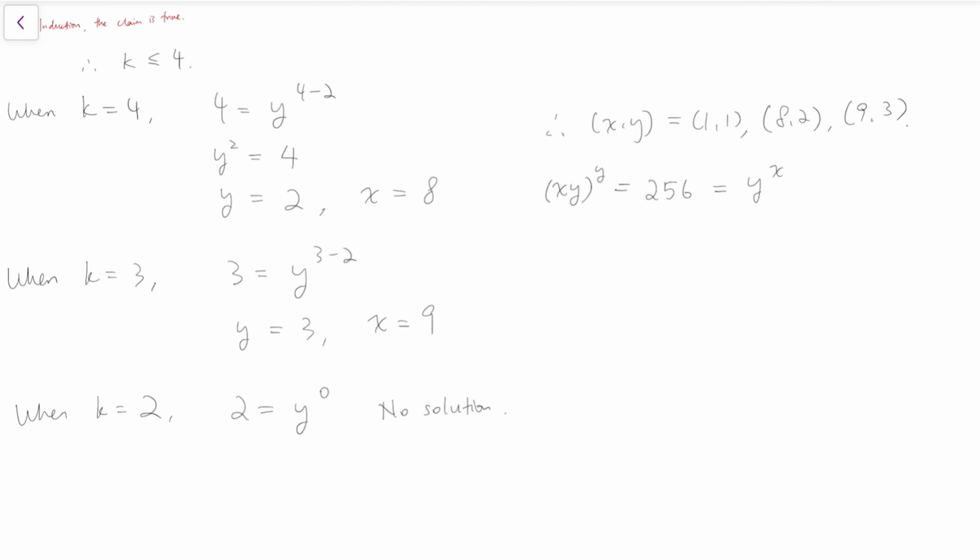Whereas for the case (9, 3), the left side equals 27 cubed, while the right side is 3 to the power 9, and they're actually the same number. So these three are valid solutions, and this is our final answer.